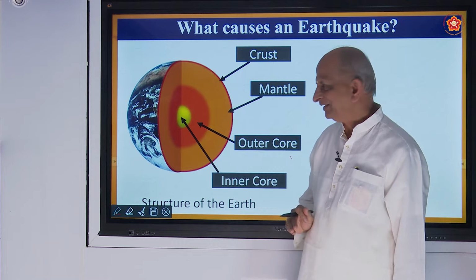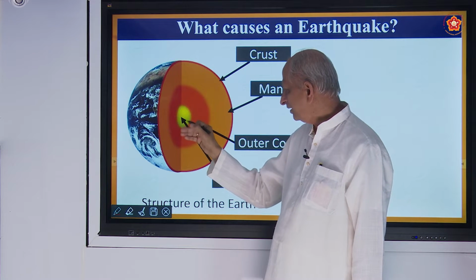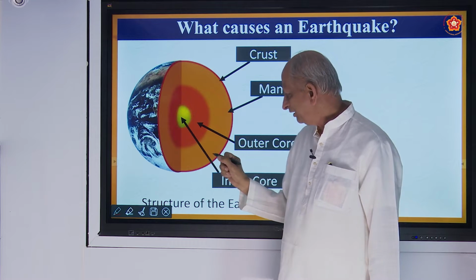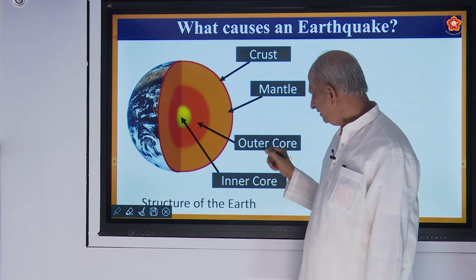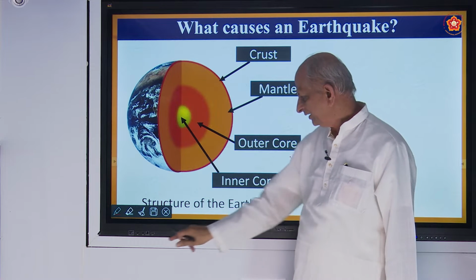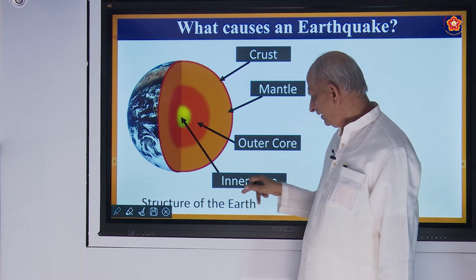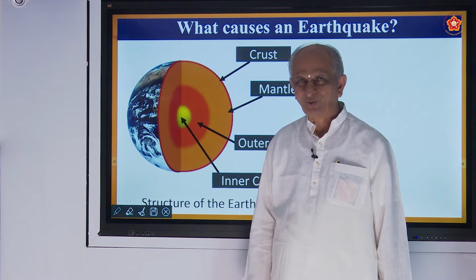That is called mantle. So in the earth also there is a layer called mantle. Inside that there is one green color substance. That is called outer core, as you find in the apple also. And inside that there are some seeds. That is called inner core.